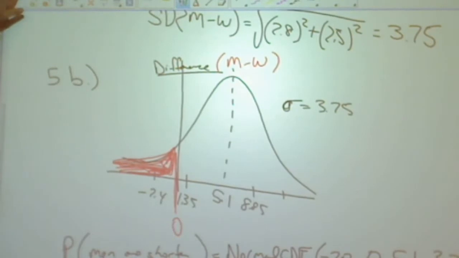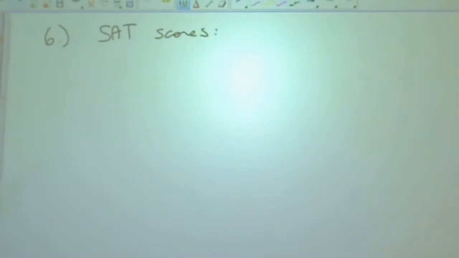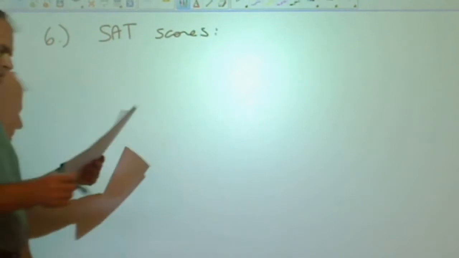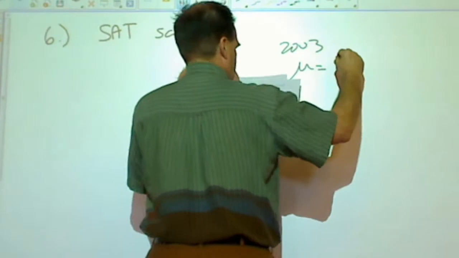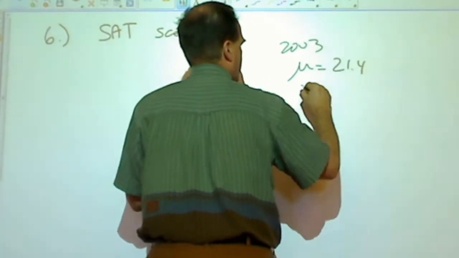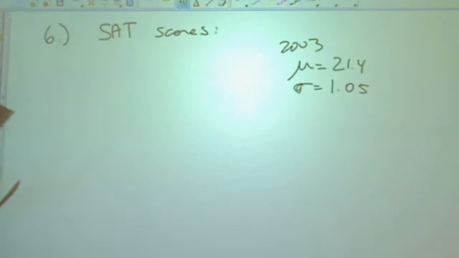Okay. All right, so let's move on. Number 6. Okay, so different problem, although it's still normal stuff. So we're talking SAT scores. Okay, so what do we know? 2003, the mean on the test was 21.4, sigma 1.05.